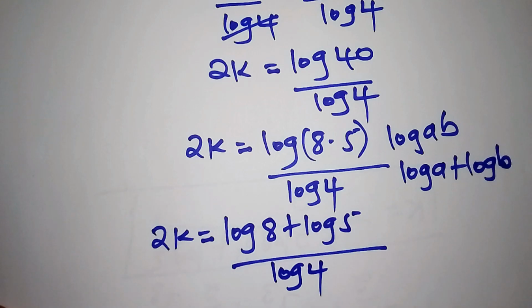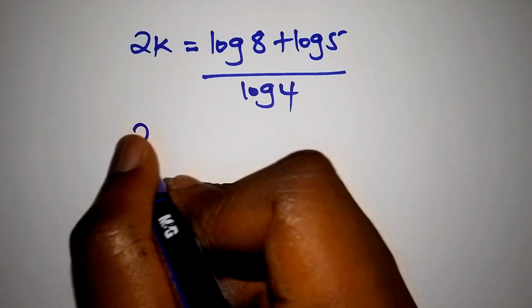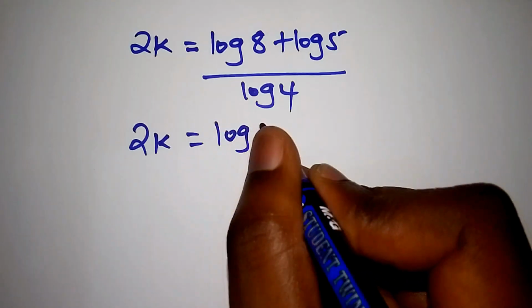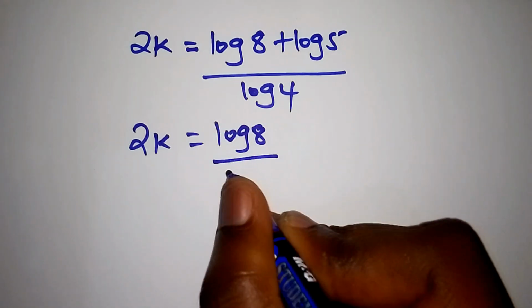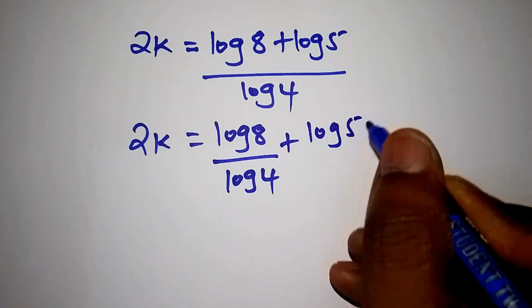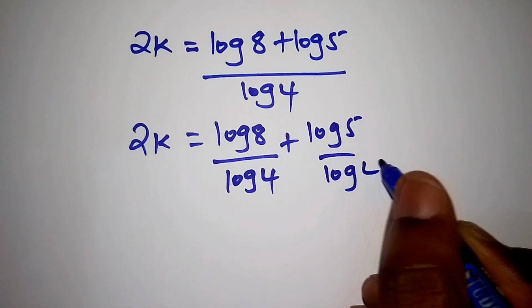Next, we write them independently: 2k is equal to the log of 8 over the log of 4, plus the log of 5 over the log of 4.